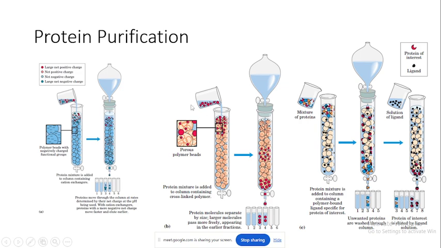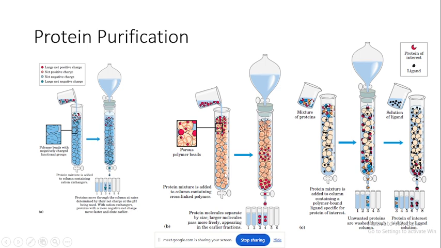And the proteins with higher molecular weight, bigger proteins, have the lesser path length, because of their size they cannot enter into this bead. As they cannot enter into the bead, they will just bypass it.